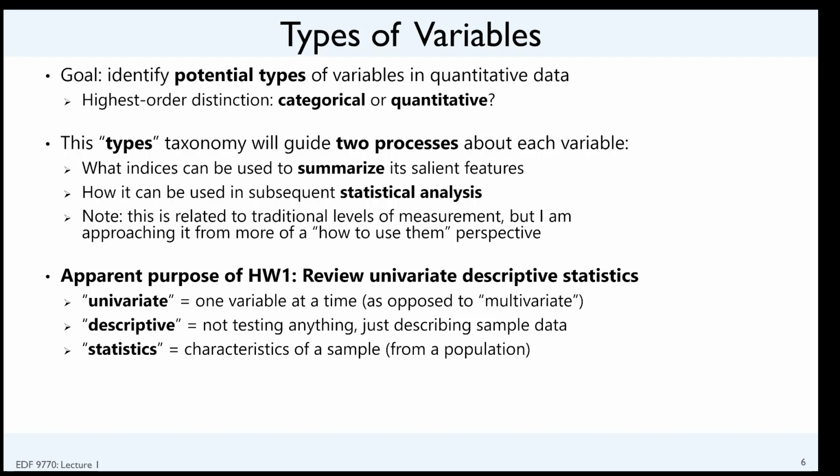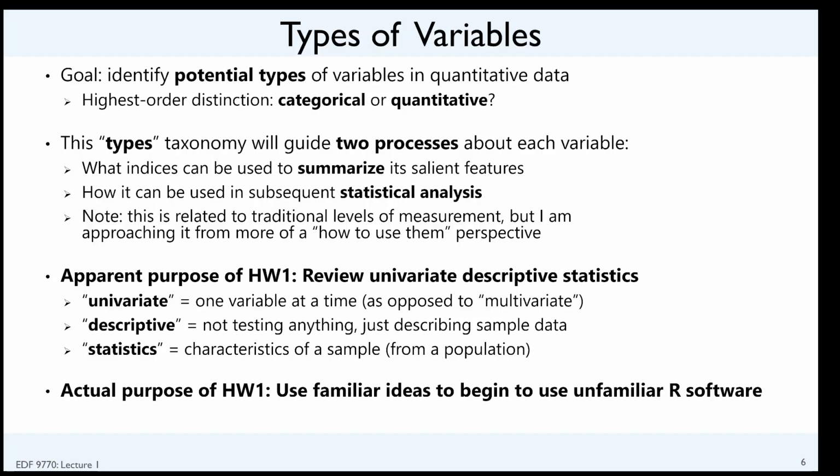So univariate is the type of analysis that we're going to be doing, predicting 1 variable at a time. Descriptive means we're not trying to make any kind of conclusions. We're just trying to say this is what happened, this is the mean, or this is the proportion of people in this category. And statistics, meaning we're dealing with the sample that we have that we hope applies to some theoretical population, but we don't have access to it and there's no way of knowing for sure.